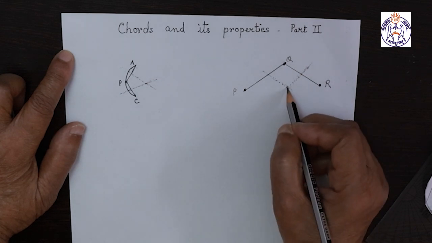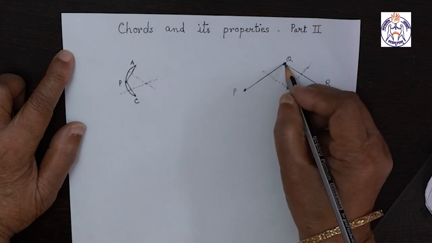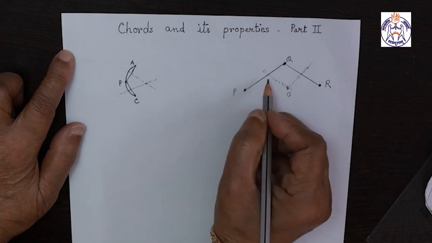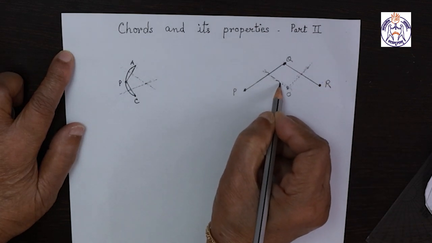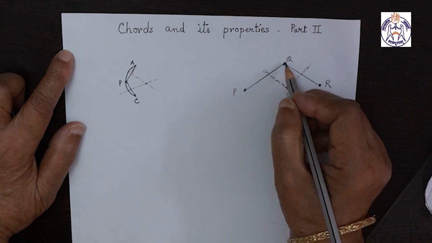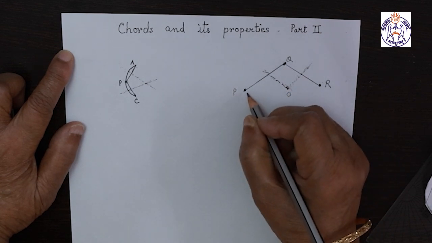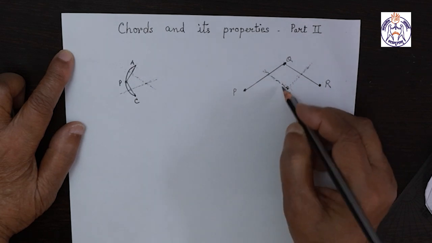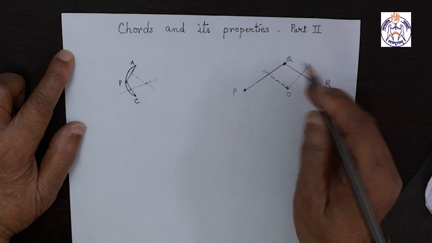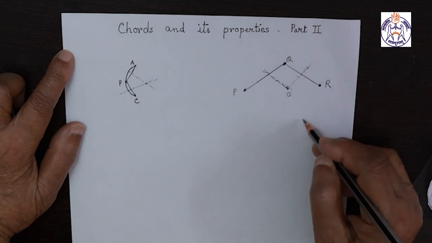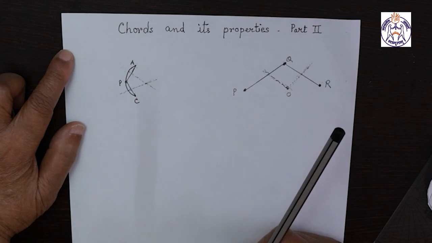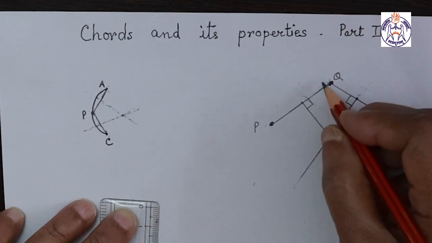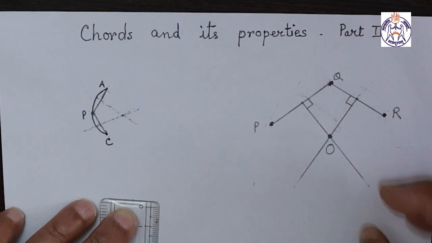So Q and R are equidistant from O. Again, for this line segment, if this is the perpendicular bisector, then this point will be equidistant from Q and P. So O is equidistant from R, Q and P. That means this is the center of the circle that can be drawn through all these points. This is not to the scale. When drawn properly, it will look like this, and O will be the center of the circle.